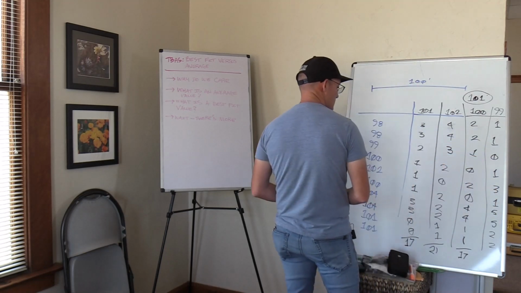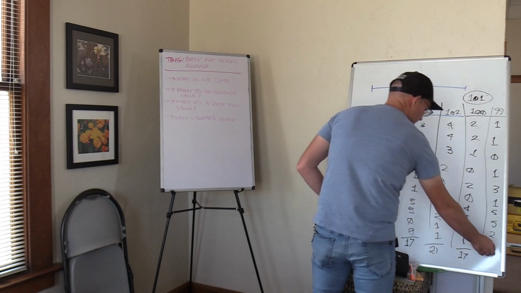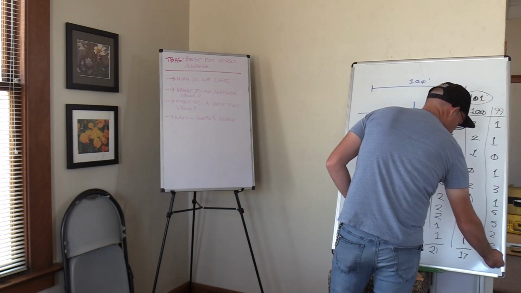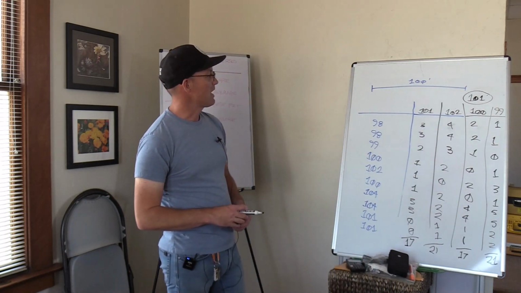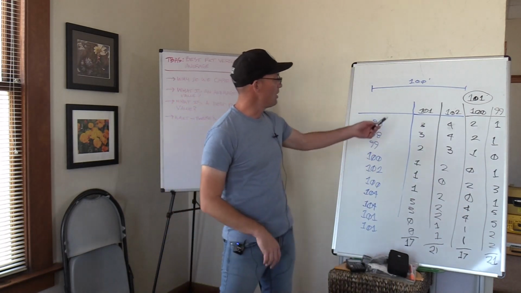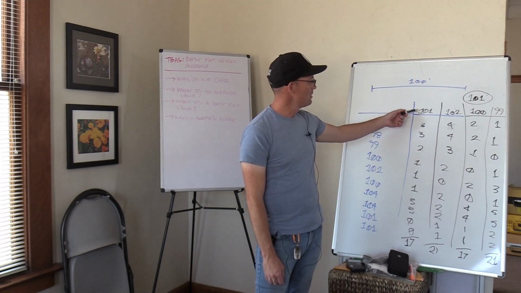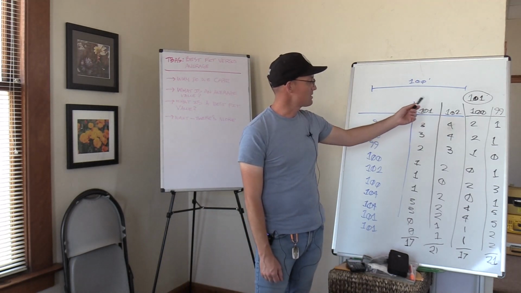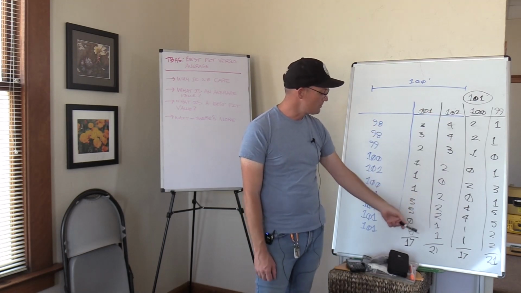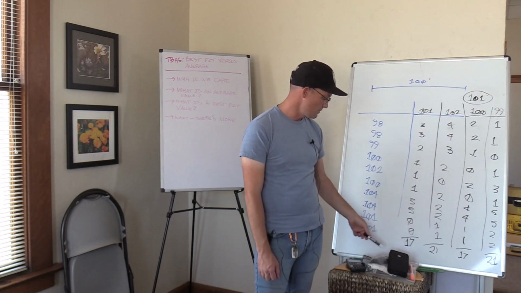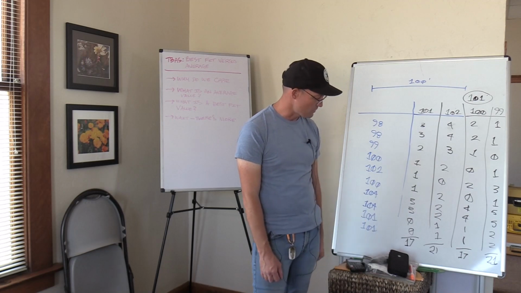So that's going to be 21. Okay. So in this case, 101 is the average, and it's also the best fit, right? We got another best fit at 100, right? That's pretty close, based on the sum of the residuals.